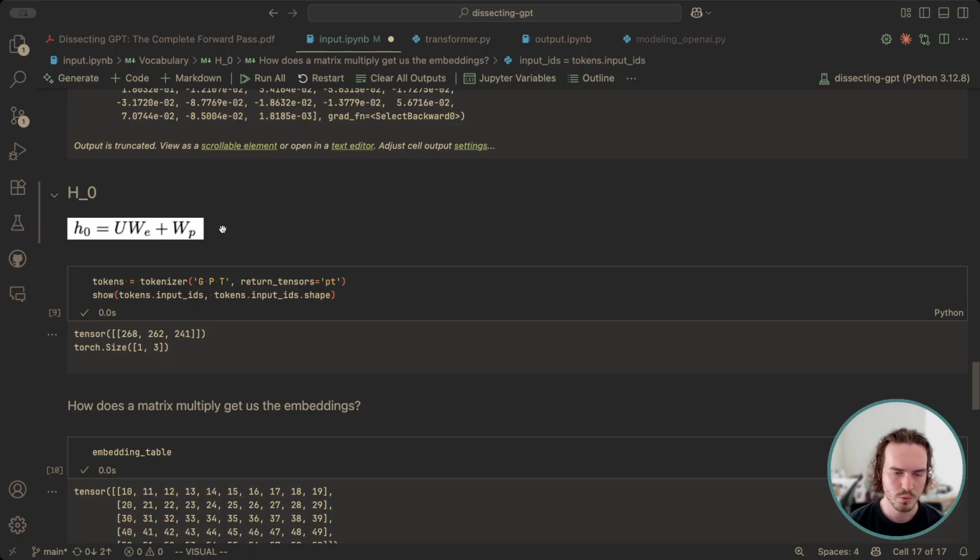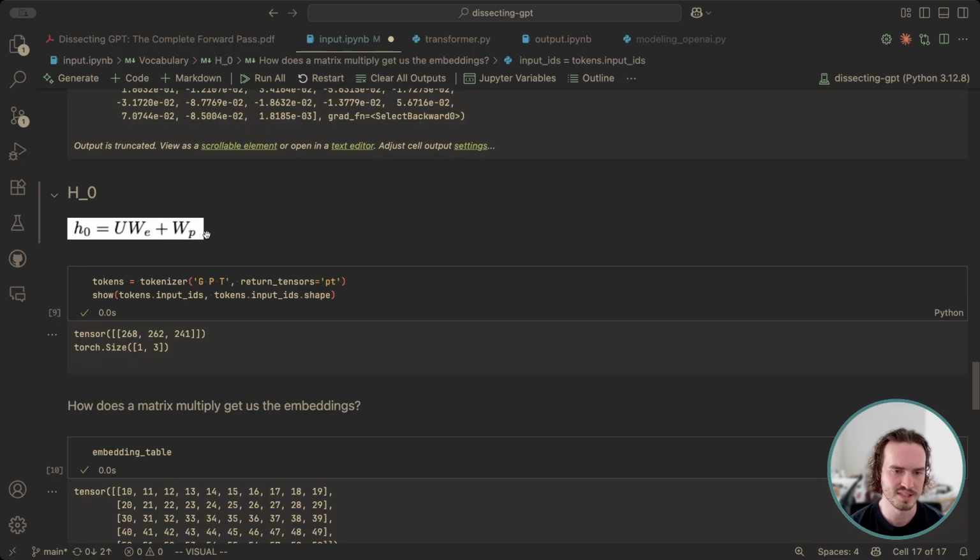I do wish that they wrote this differently, because we can see how we're able to grab the correct token embeddings based on our context, but there's nothing here showing how we're getting the correct positional IDs. Just know that this was written with the assumption that we're filling the entire context window.